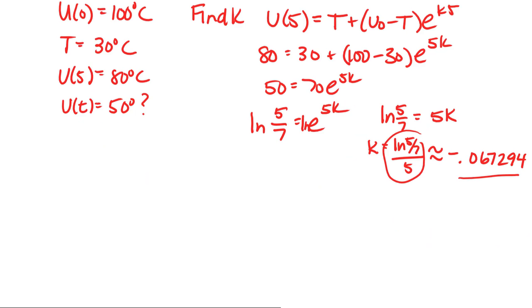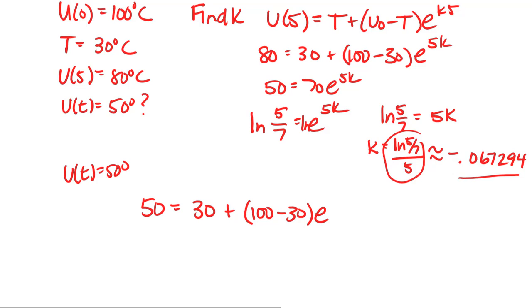So now that I know k, I can figure out when U of t will equal 50 degrees. So I'm going to replace U of t with 50. My room temperature is still 30. My initial temperature is still 100 minus 30, and this is going to become e to the negative 0.067294 times t. I will subtract 30 from both sides and divide by 70, and I wind up with 2/7 is equal to e to the negative 0.067294t.